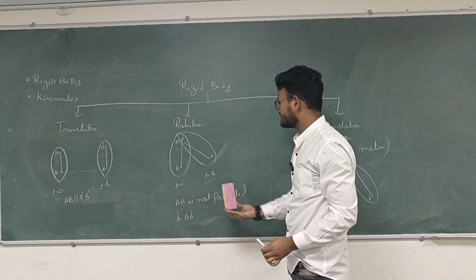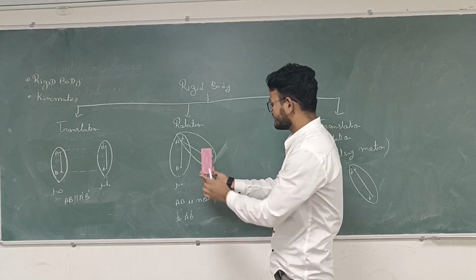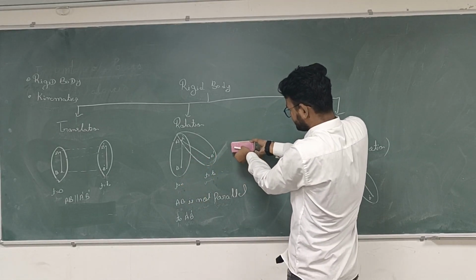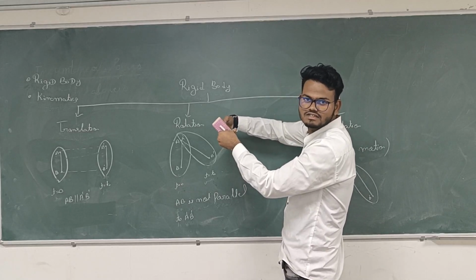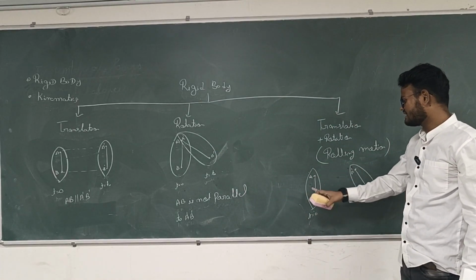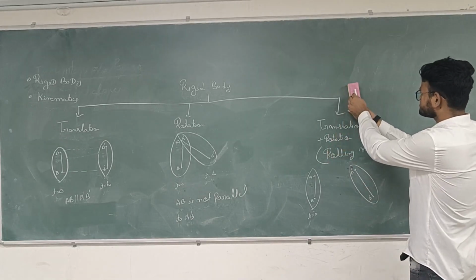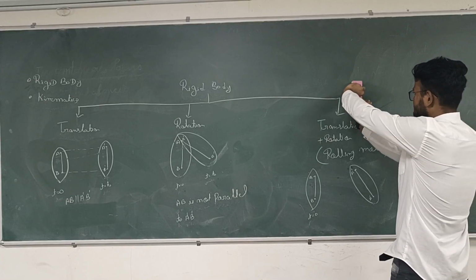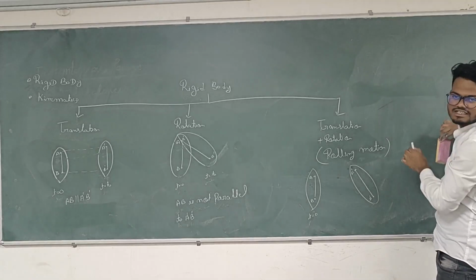And if this body is performing pure rotation motion, then it will rotate about its axis like this. And now if it is performing rolling motion, then it will move and also rotate. So its motion is like this. It rotates and also translates.